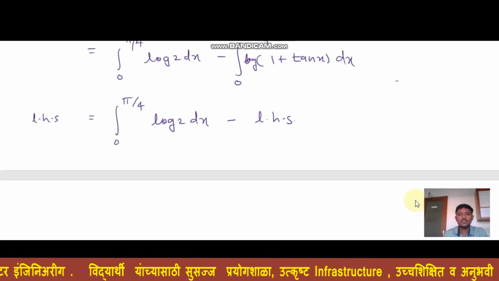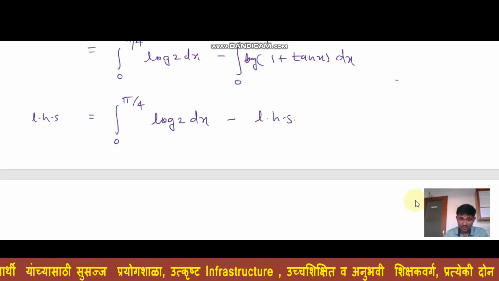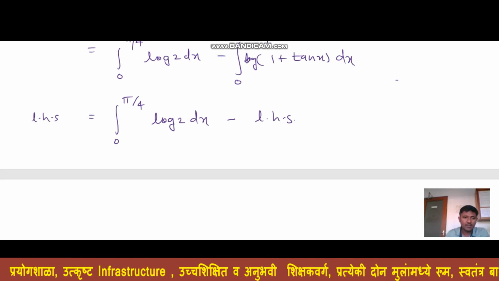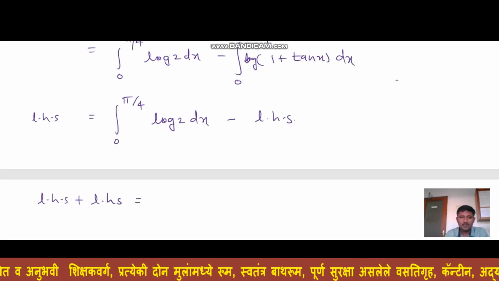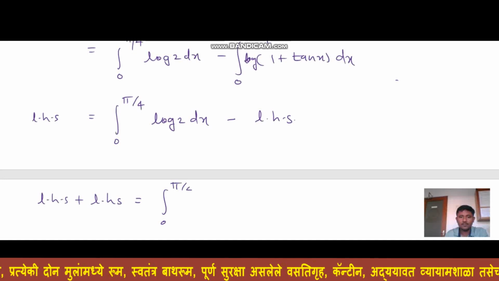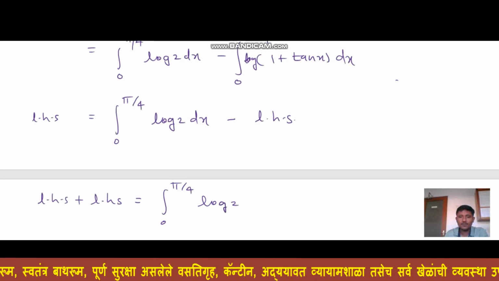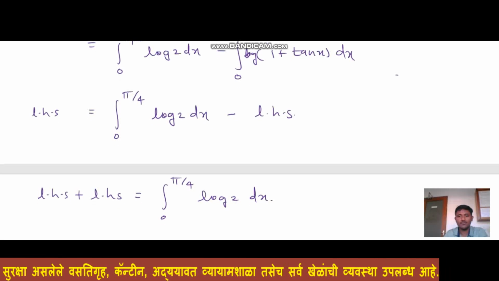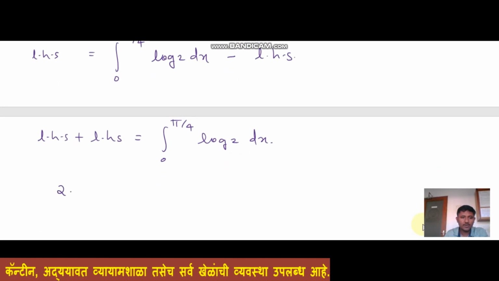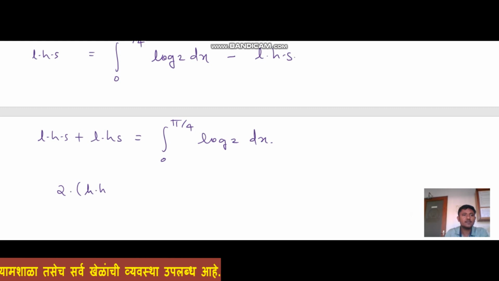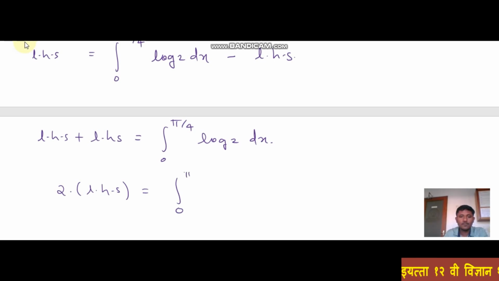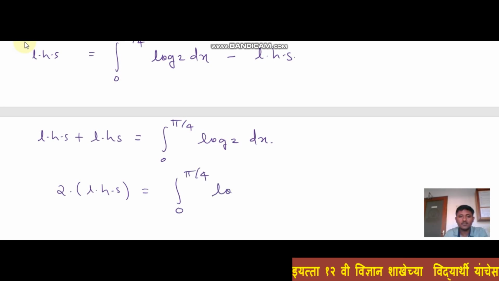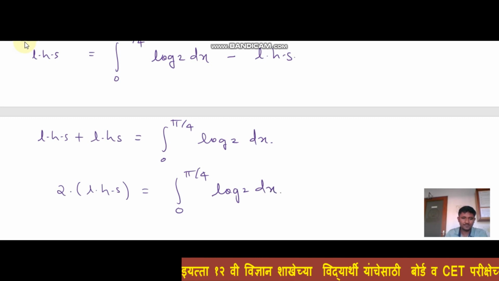If I take this minus LHS to the left side, that will be LHS plus LHS equal to integral 0 to pi by 4 log of 2 dx. I hope you will understand this. So 2 times LHS equal to integral 0 to pi by 4 log 2 dx.